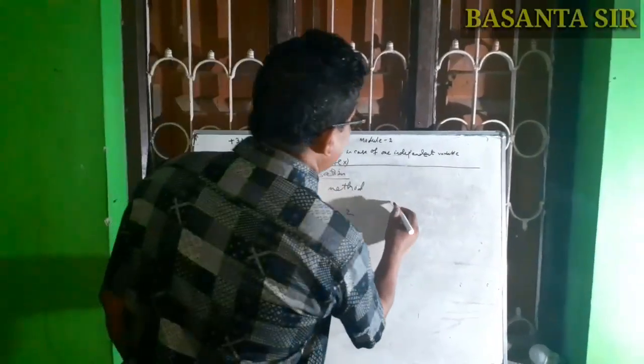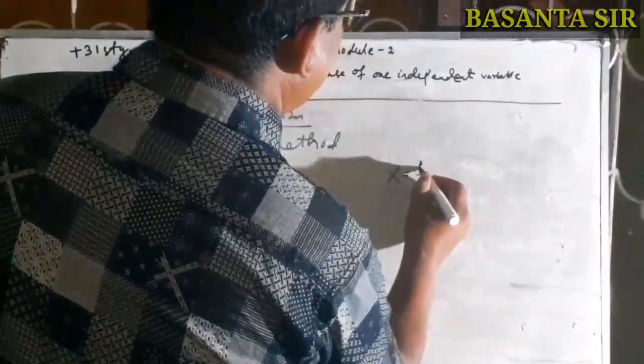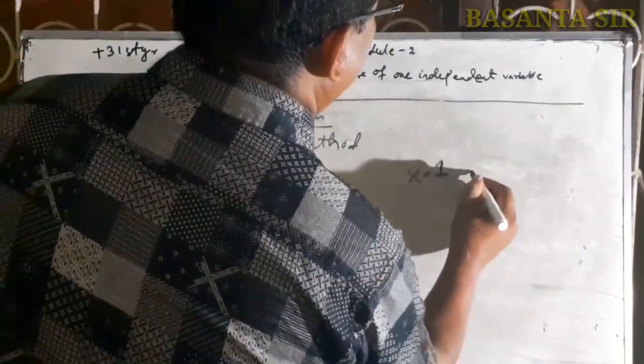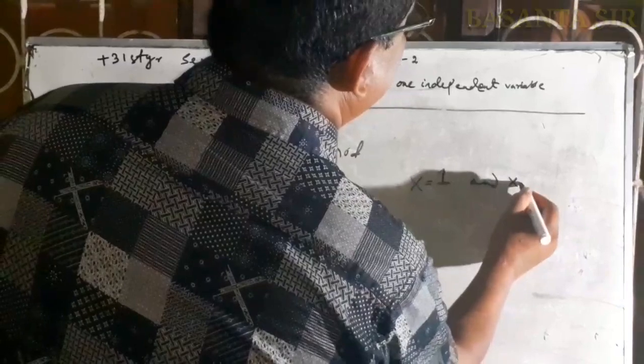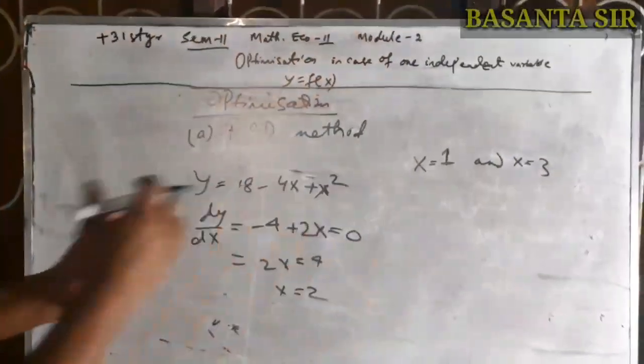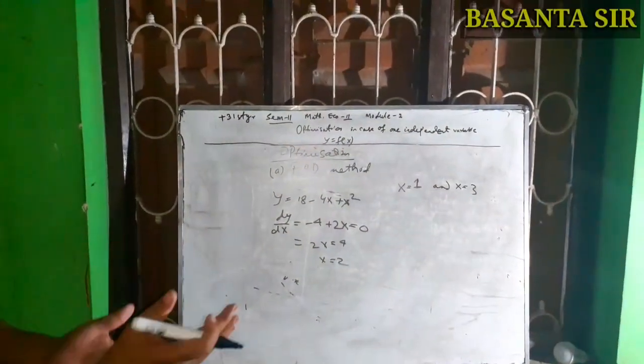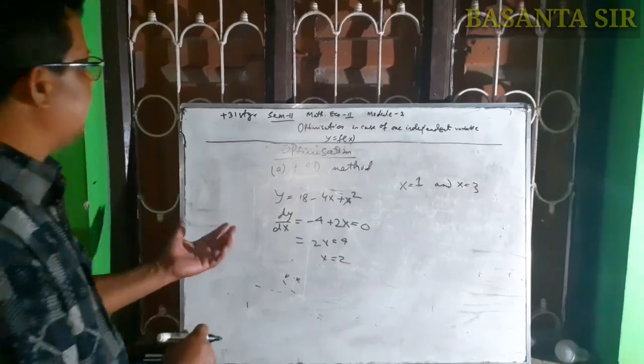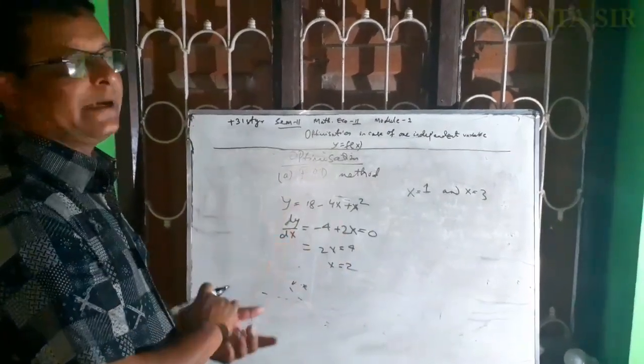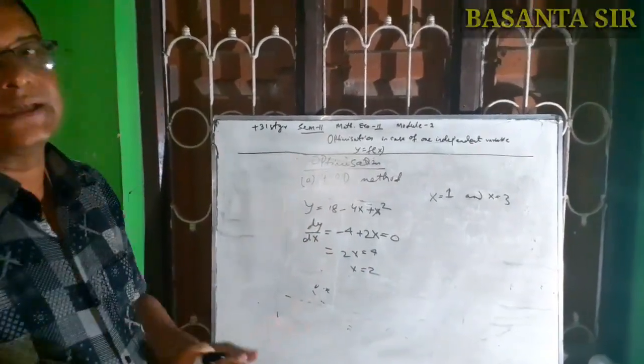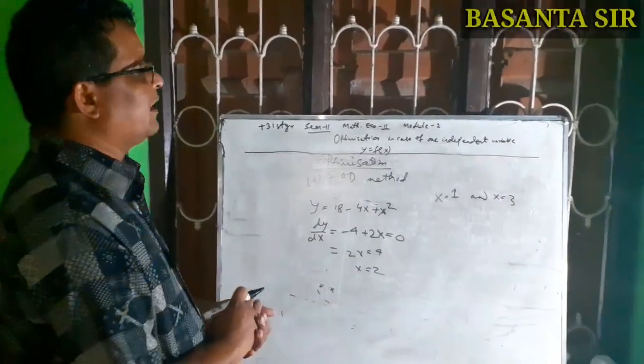Now taking x as 1 and x equal to 3. 1 is before 2, 3 is after 2. We will find whether it is positive to negative or negative to positive and conclude that it is maximum, minimum or inflection.